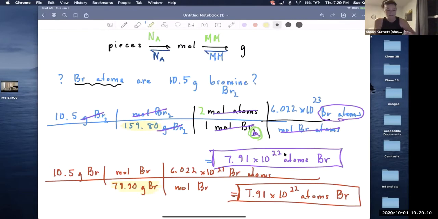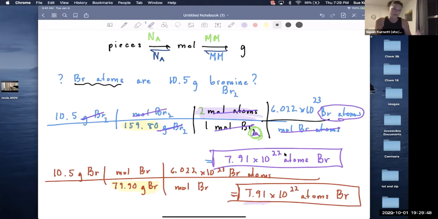And then this step here, where I'm taking into account that bromine is Br2, I'm multiplying by 2. And so for that reason, the number still works out, but it's wrong because the thinking is wrong. The student needs to understand that bromine is a diatomic molecule, that Br doesn't exist. Br2 exists and Br minus 1 exists, but bromine by itself doesn't exist.